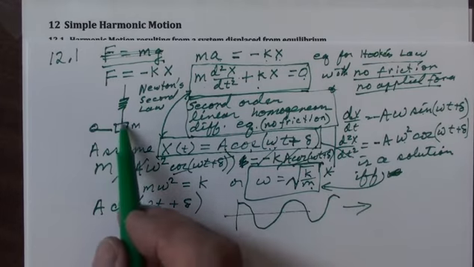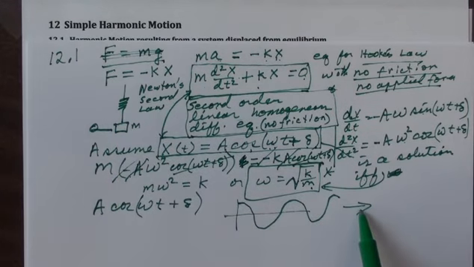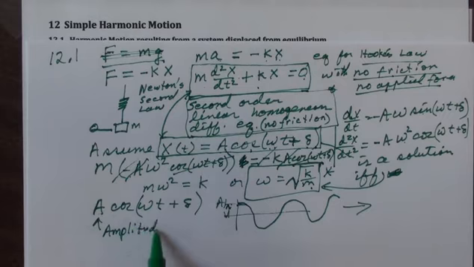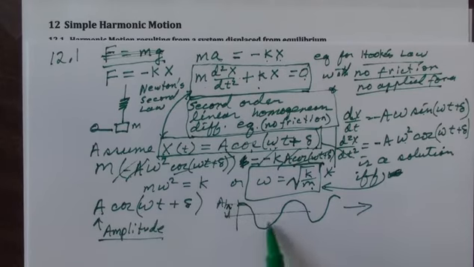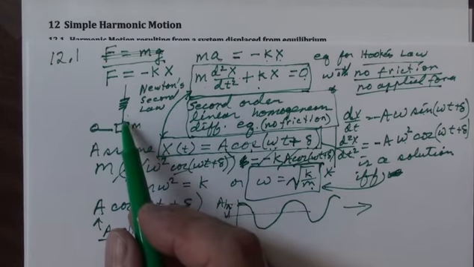This might be a mass on the end of a spring, and remember, there's no friction, and that's why it oscillates forever. But the cosine has a magnitude of 1, and since the magnitude of this is 1, when I multiply by A, I get a magnitude of A. So A is called the amplitude, because it's how large this wave or oscillation is going to be.